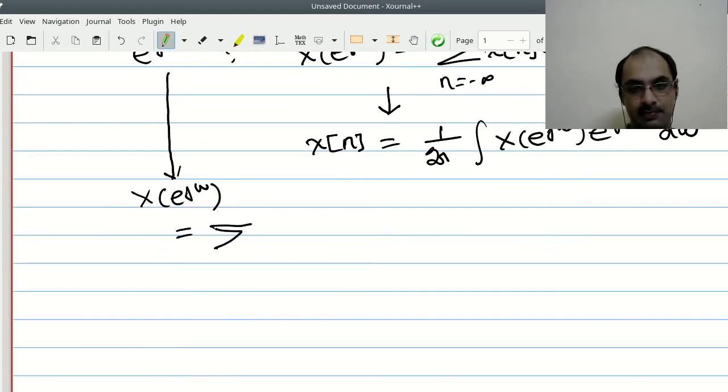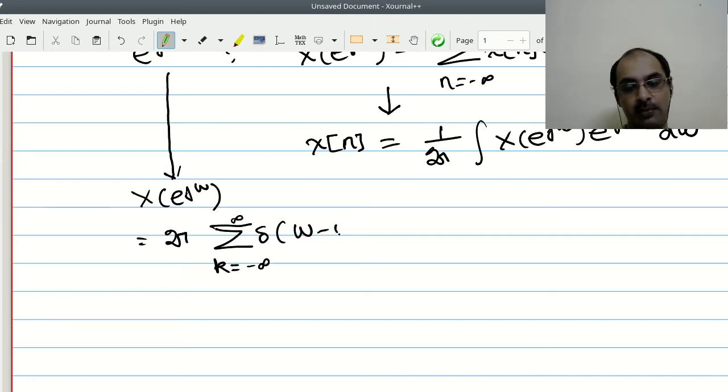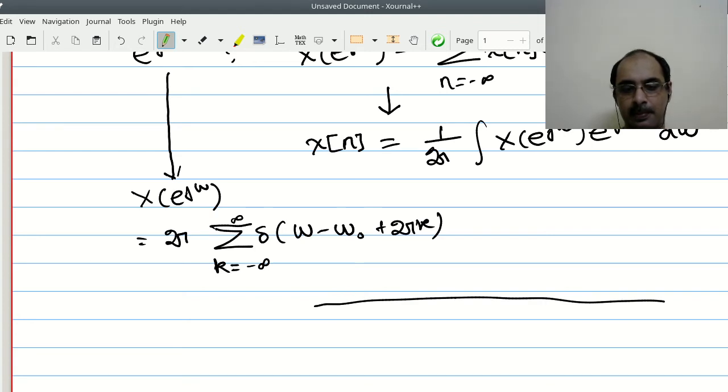We are going to define it as summation, k runs from minus infinity to infinity. There's a 2 pi also we want to get rid of. So I'm going to write it as 2 pi delta of omega minus omega naught plus 2 pi k. Picture what this looks like.